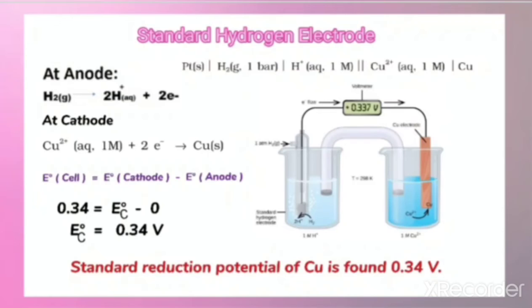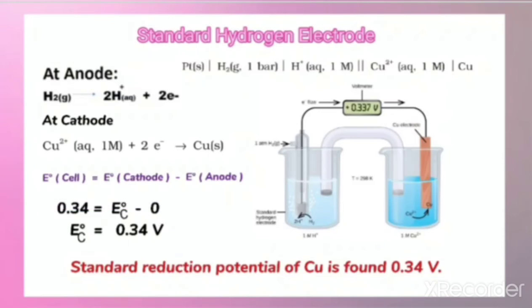E naught cell value is equal to 0.34. E naught cathode is what we have to find out, which I have written as E naught C here, and E naught anode is 0. When we solve this, we get the reduction potential for copper, that is E naught cathode is equal to 0.34 volt.